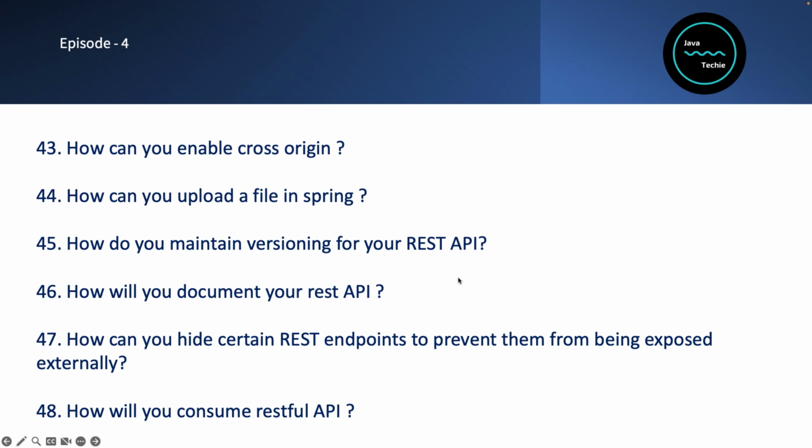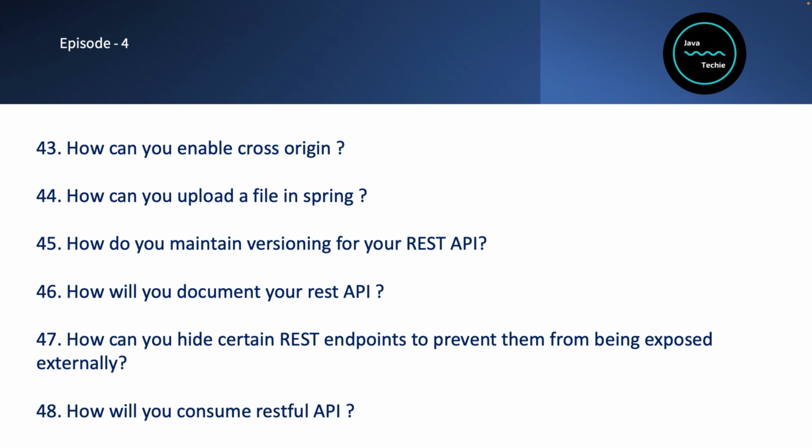How can you enable cross origin in your project? First of all, cross origin resource sharing is a security feature implemented by web browsers to control web page requests made from one domain to another. Using this, you can restrict which hosts or domains can access your application.